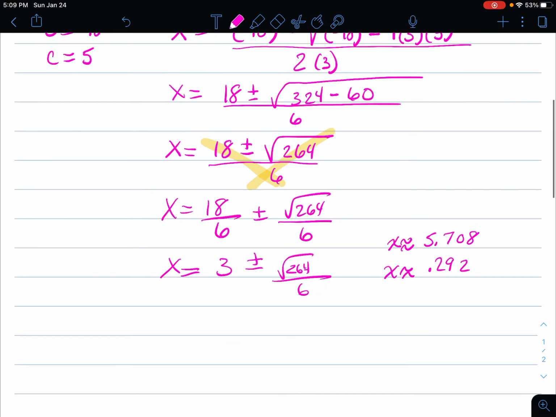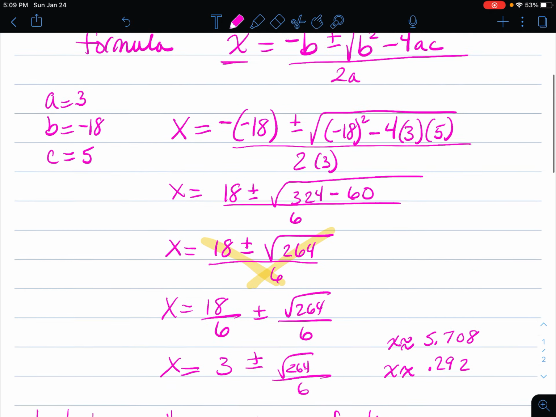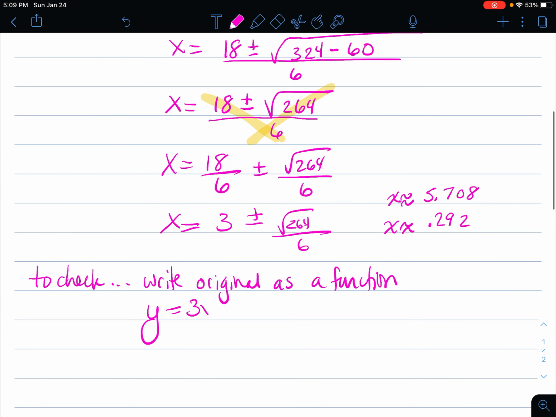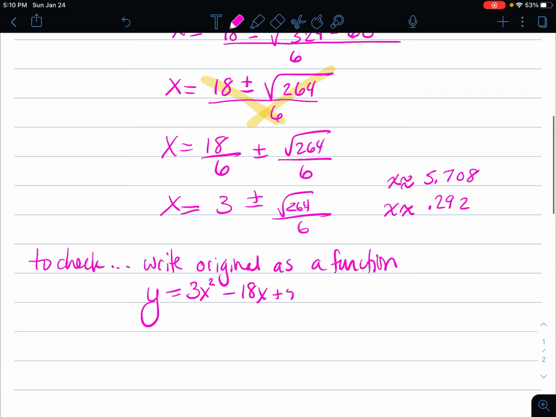Now if you wanted to check this on Desmos or with your graphing calculator, to check, write the original as a function. So we would say y equals, instead of 0 equals, y equals 3x squared minus 18x plus 5.